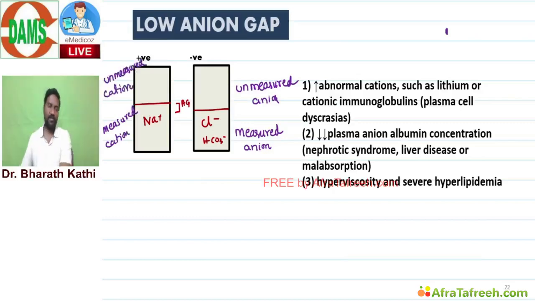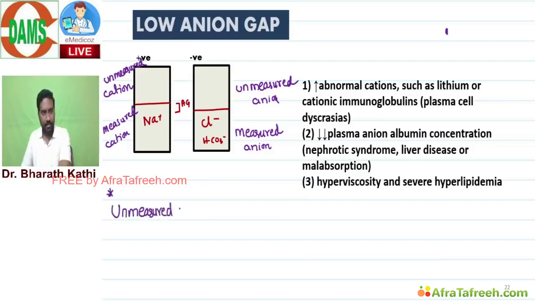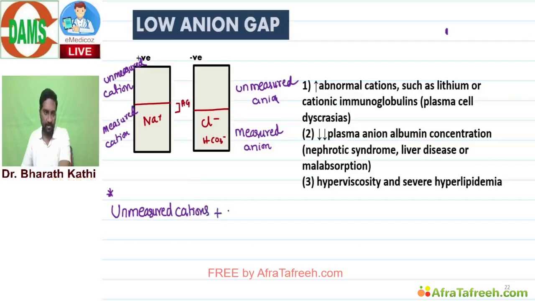Like I told you previously, to maintain electroneutrality, the measured and unmeasured in both sides will be equivalent. So I can write it like this, I think. So I can write it as unmeasured cations. There are two compartments. Both compartments will be nearly equal.